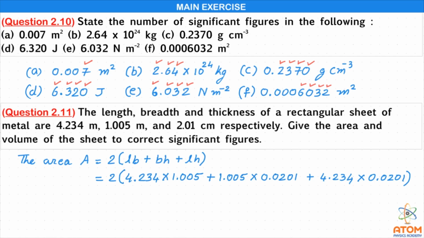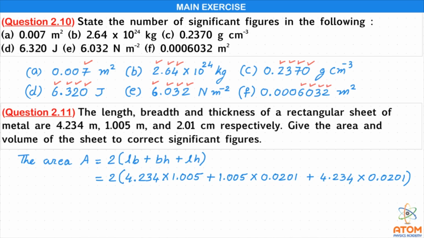Now here are the values. L is 4.234, B is 1.005, again B is 1.005, then H. See, H is 2.01 centimeter. So in meter I have written 0.0201 meter.